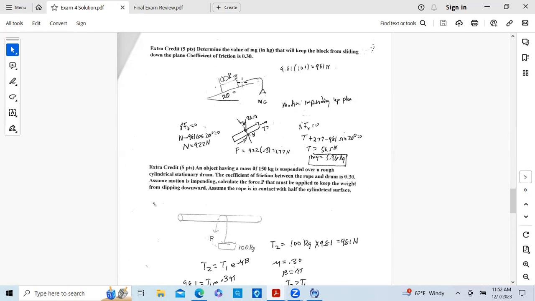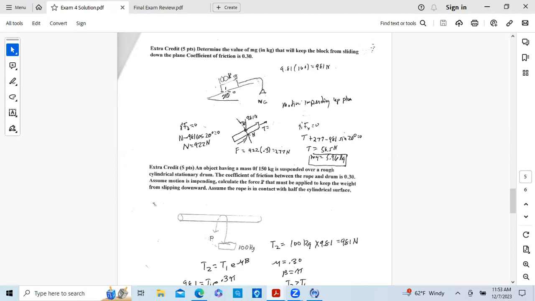Actually, there are two types of problems in this. The block weighs 100 kilograms, or mass is 100 kilograms. It's inclined at an angle of 20 degrees. The other type of problem that you can look at is, how much weight, mass, out here at mg, will it take to actually move this up the plane?